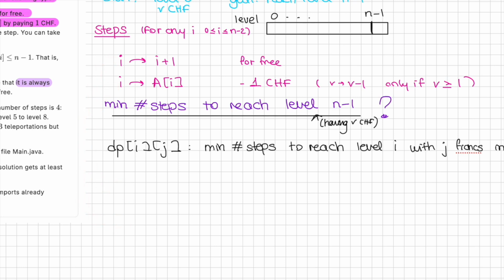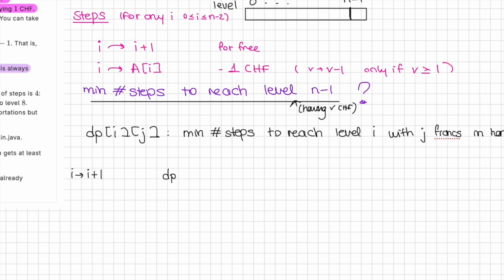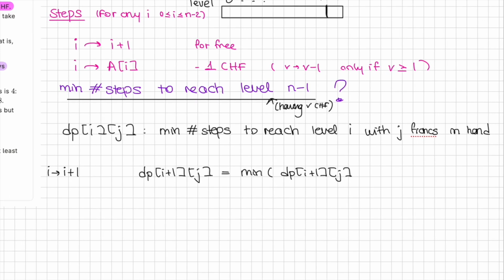What happens when we go from step i to step i plus 1? We can basically do it for free. So dp[i+1][j] would be equal to the minimum of dp[i+1][j] and dp[i][j]+1.